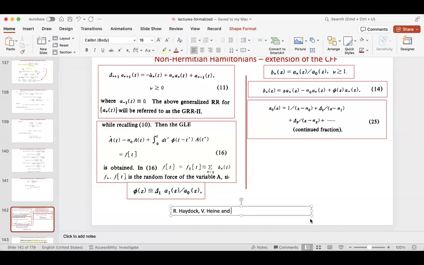I think it's M.J. Kelly, 1972. Let's give you the reference also. So in 1972, this was Roger Haydock's PhD thesis. Haydock was Volker Heine's student. Volker Heine was a professor in Cambridge.